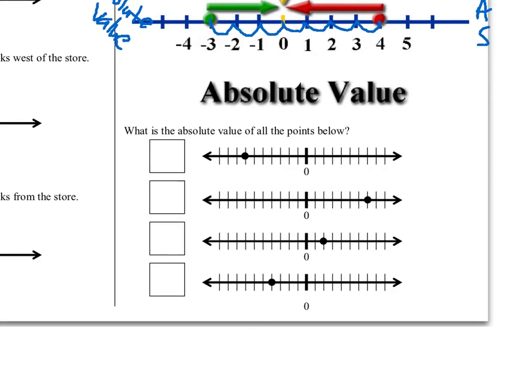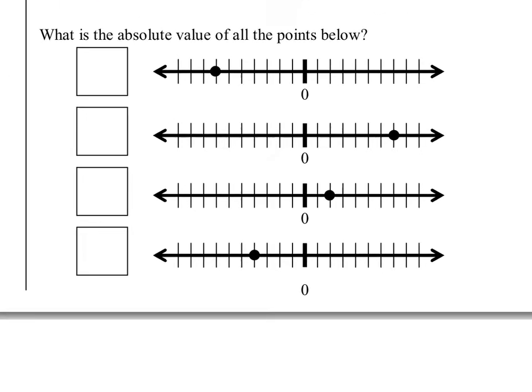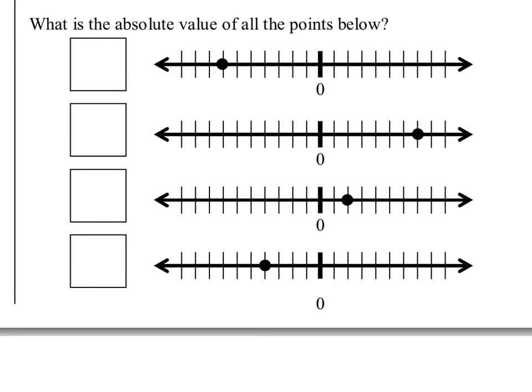So let's look at these problems really quickly of points on a number line. So this first point on a number line. Somebody tell me, what is the absolute value of this first point on the number line? Yes, ma'am. 7. And the work that I'm sure she showed goes 1, 2, 3, 4, 5, 6, 7.